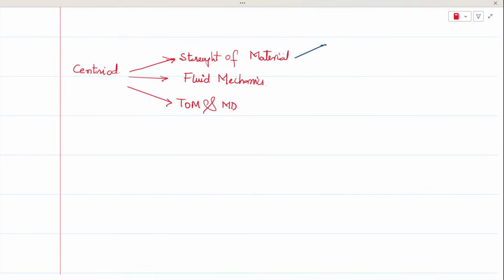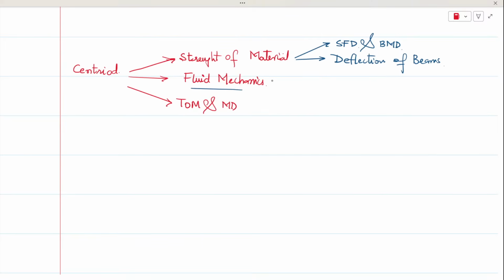In strength of materials, especially when you are doing shear force and bending moment analysis, and the second topic is deflection of beam. This is where the importance of these concepts will be recalled multiple number of times.